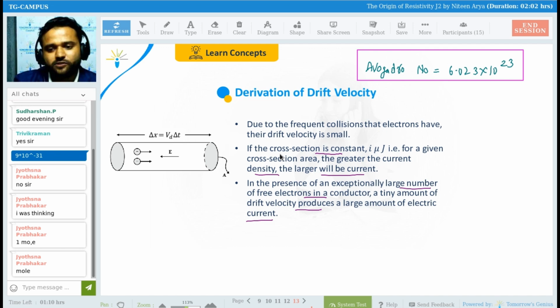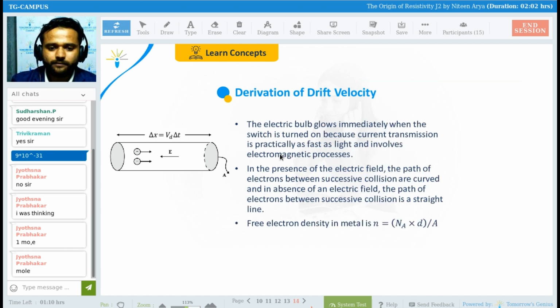In the presence of an exceptionally large number of free electrons in a conductor, because we know in a conductor the number of electrons is going to be very large, the resistivity is going to be low and the conductivity higher. So a tiny amount of drift velocity produces a large amount of electric current.